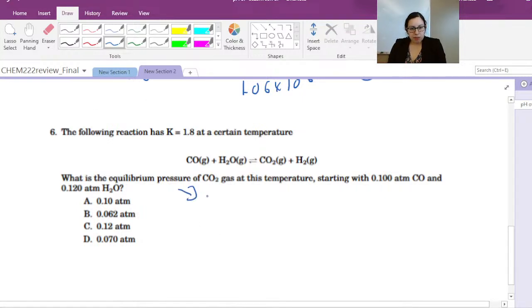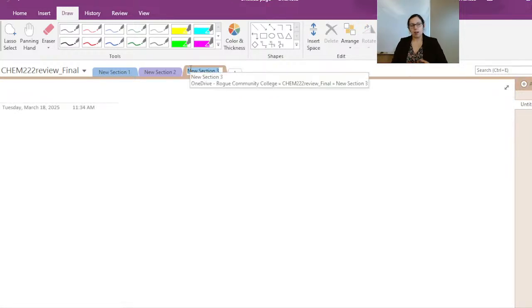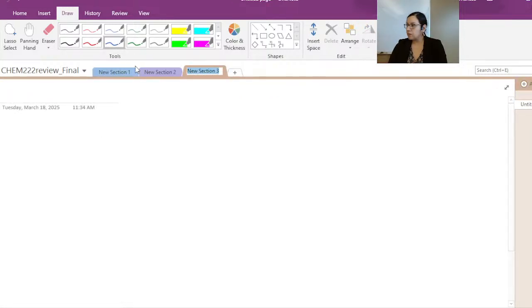So we could work it out if we wanted to, but just write the same concept again of rice. Is the entirety of the term going to be on the final? No, it's mainly going to be focused on our equilibrium expressions.